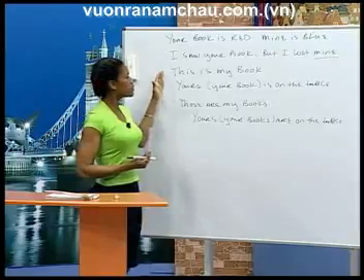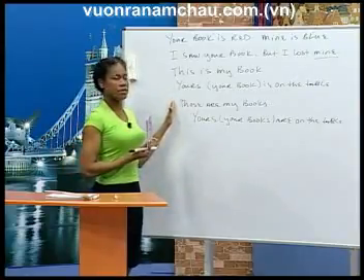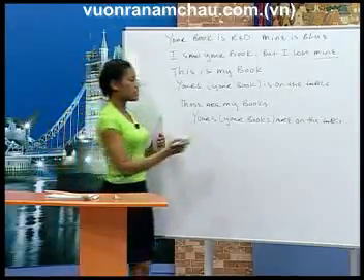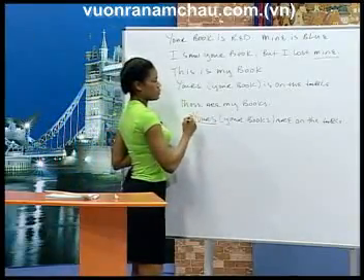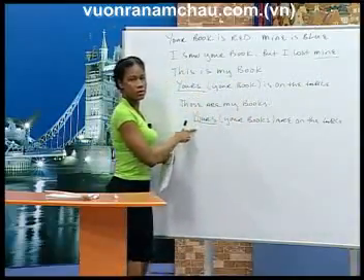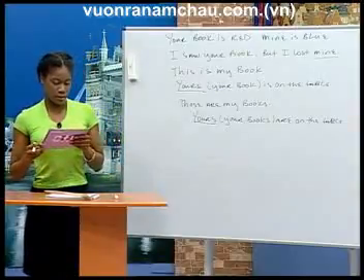This is my book. Yours is on the table. Those are my books. Yours are on the table. Notice that even when a pronoun ends in S, it's either singular or plural.